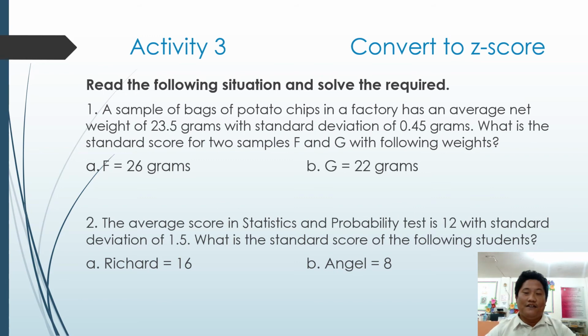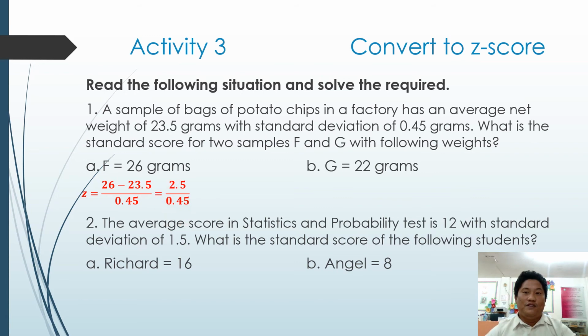Now let's have the answers for the first item. Based on the formula, z is equal to 26, since F is 26 grams, subtracted by the mean which is 23.5, over 0.45 which is the standard deviation.